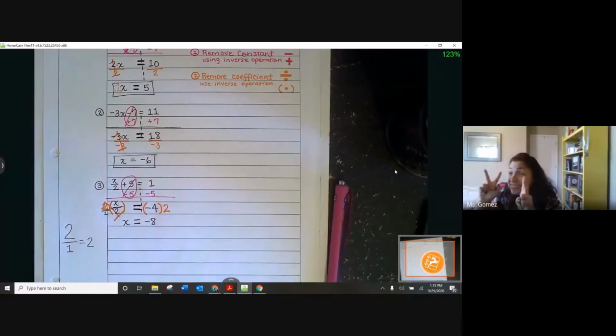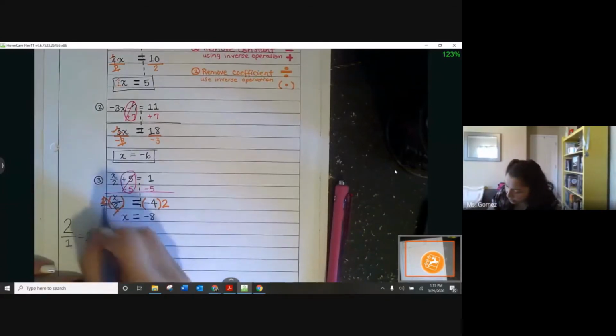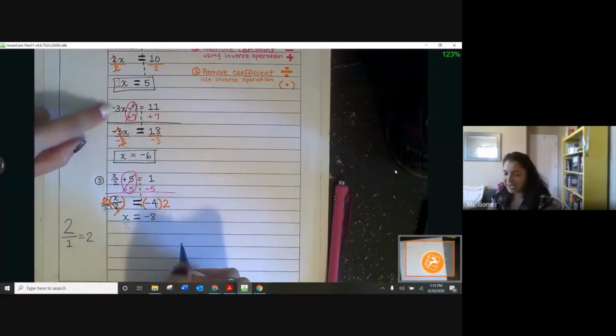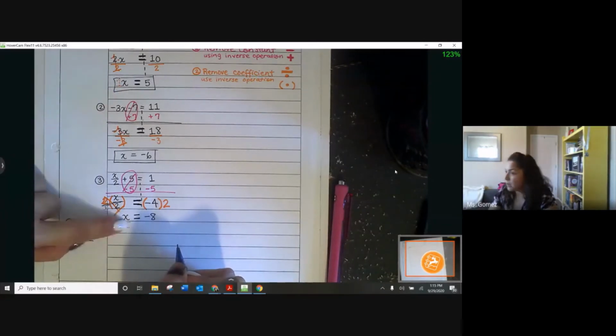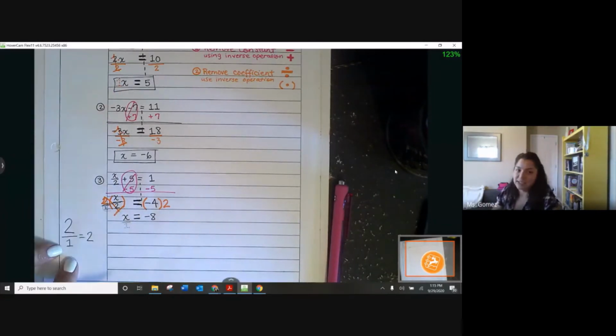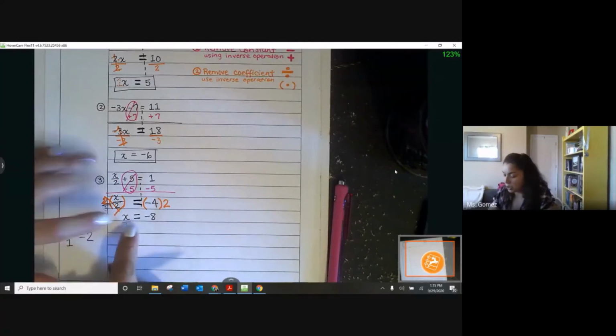In all technicality, this 1 is still here, but just like over here, did I have to write 1 in front? No. Do I have to say x divided by 1? No, just like I didn't have to say 2 over 1 equals 2. You don't need to put the over 1 here.